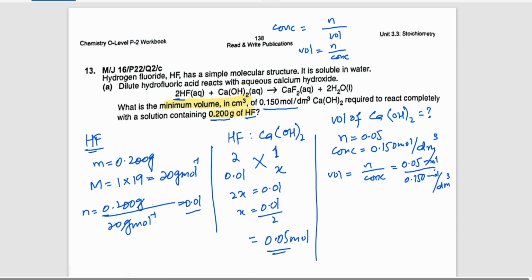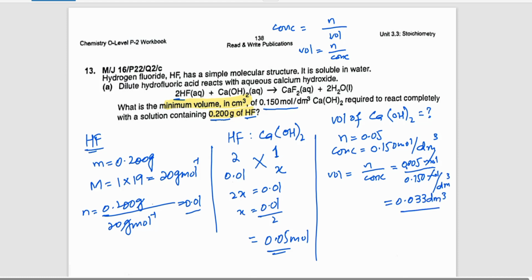This mole will be cancelled, and the mole per dm³ will become dm³. So 0.005 divided by 0.150 becomes 0.033 dm³.